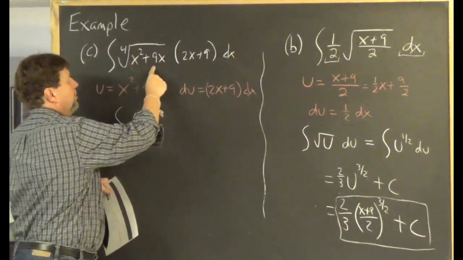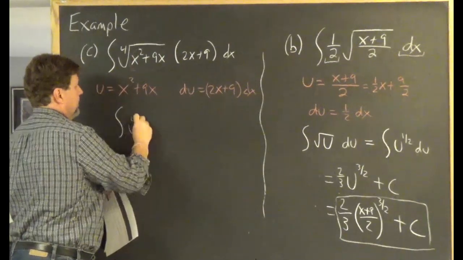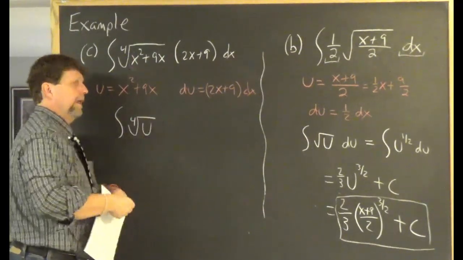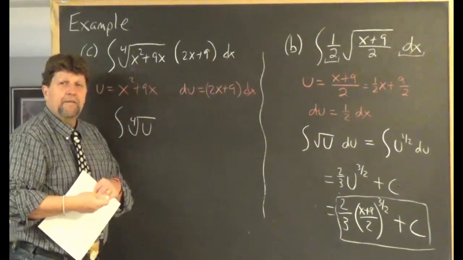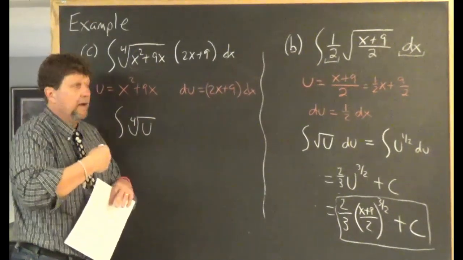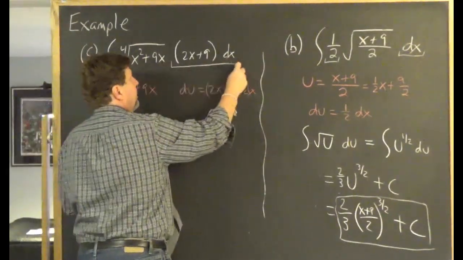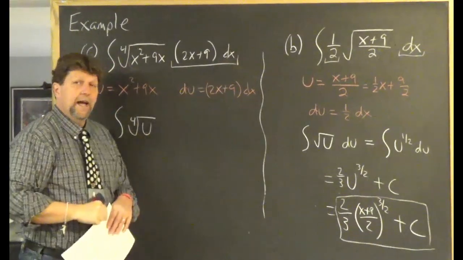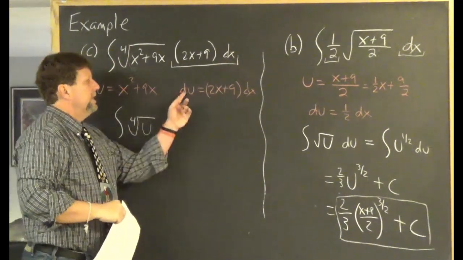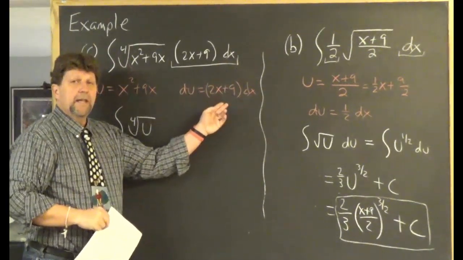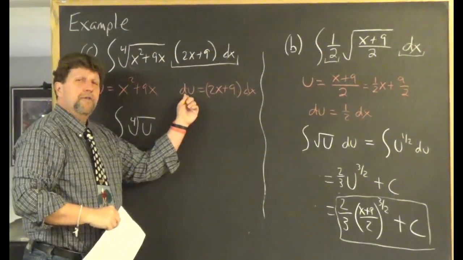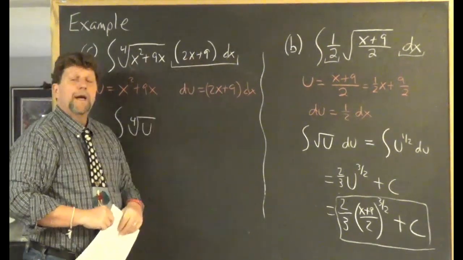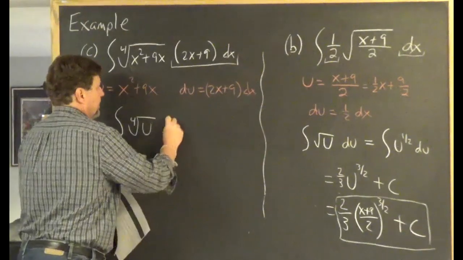So this is u, so I'd have the fourth root of u. And now I look at what do I still have left from the original problem. Well, I have 2x plus 9 dx. du is equal to 2x plus 9 dx. So I'm going to substitute du for the 2x plus 9 dx.